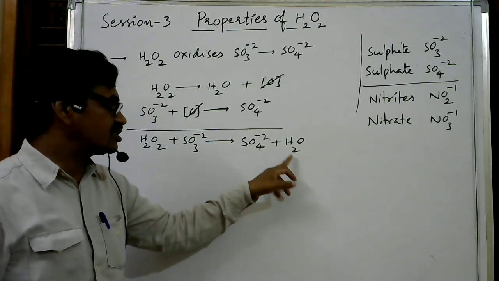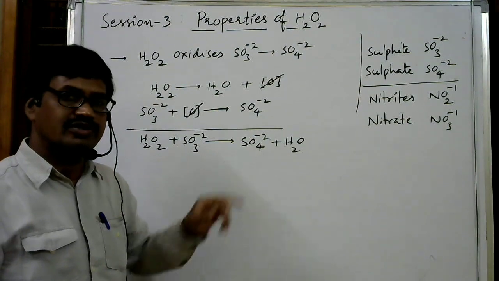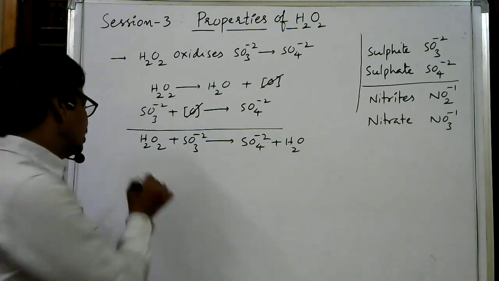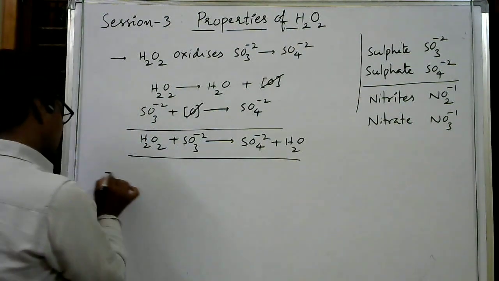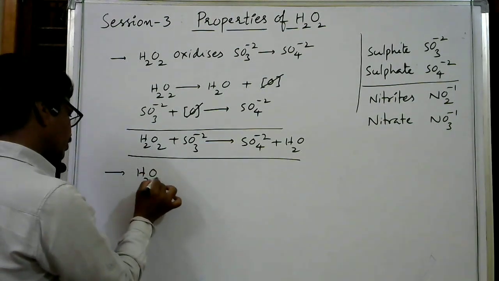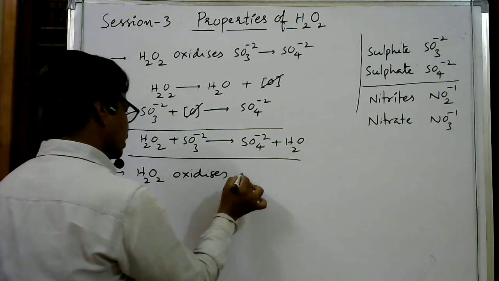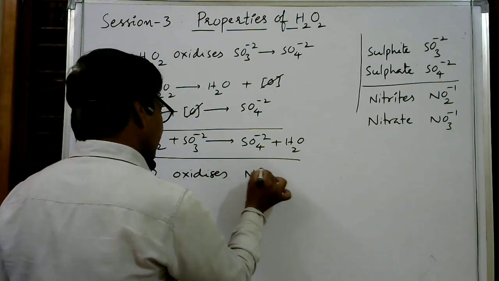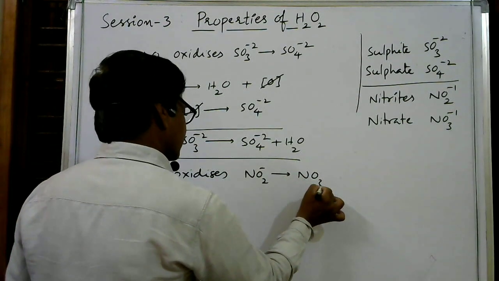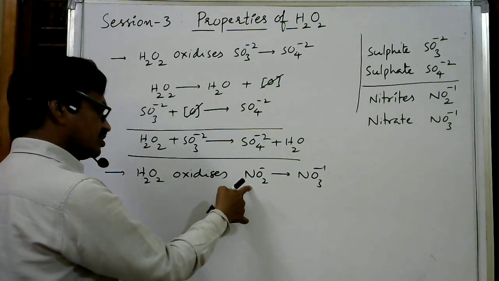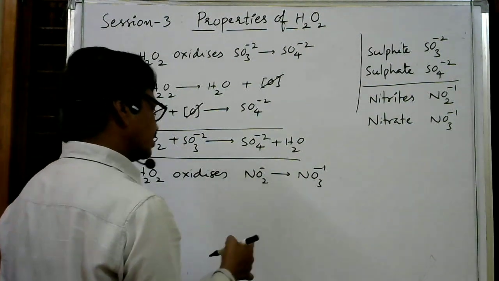Here in all these reactions you can observe water molecules are produced. Similarly, hydrogen peroxide H2O2 oxidizes nitrite NO2 minus to NO3 minus. It is nitrite ion, it is nitrate ion.